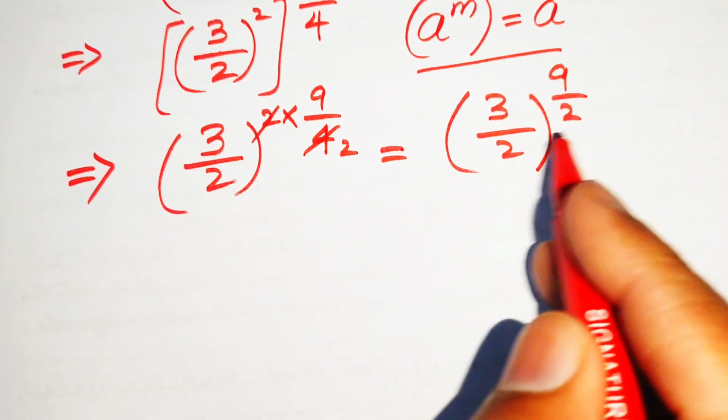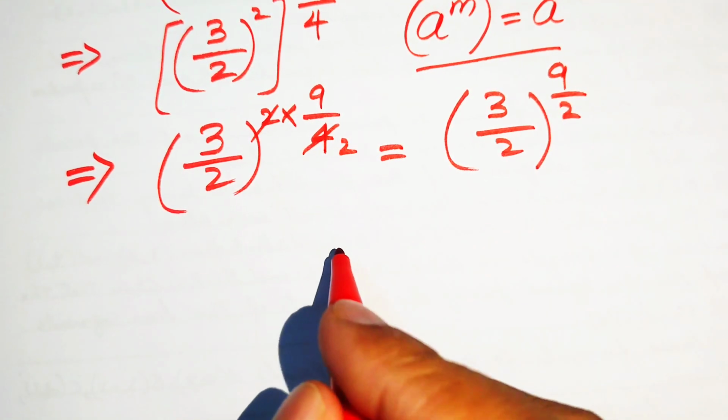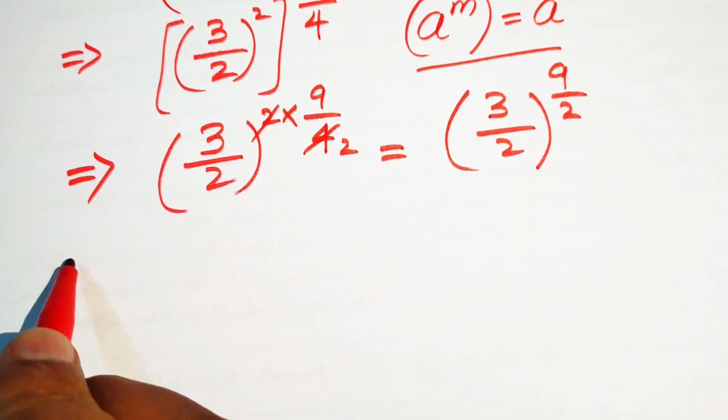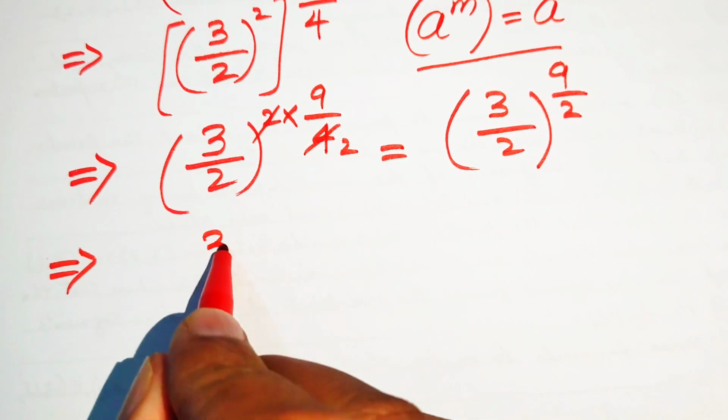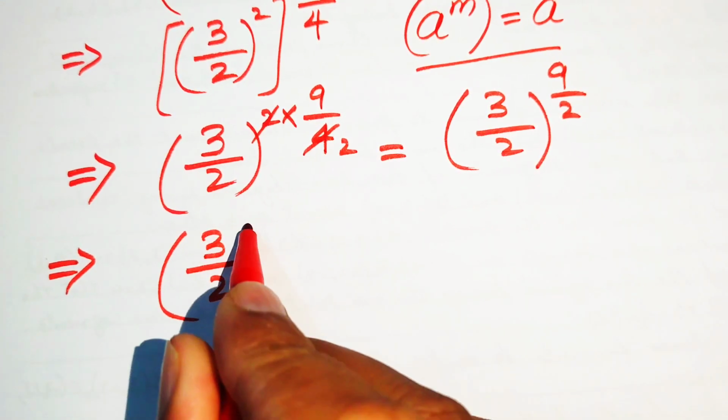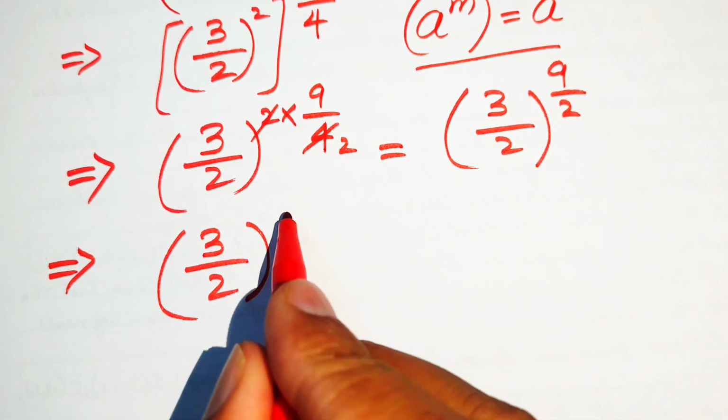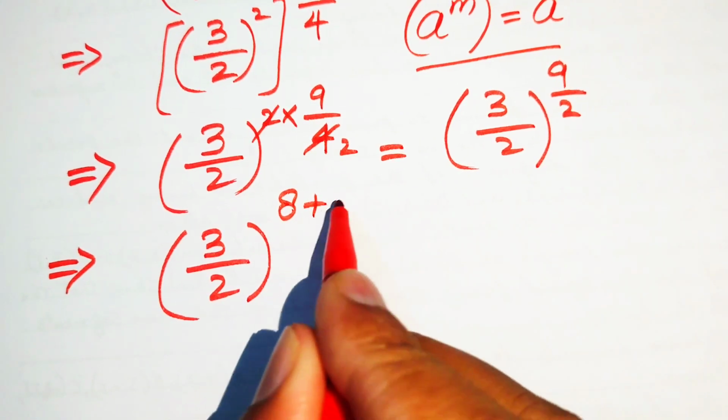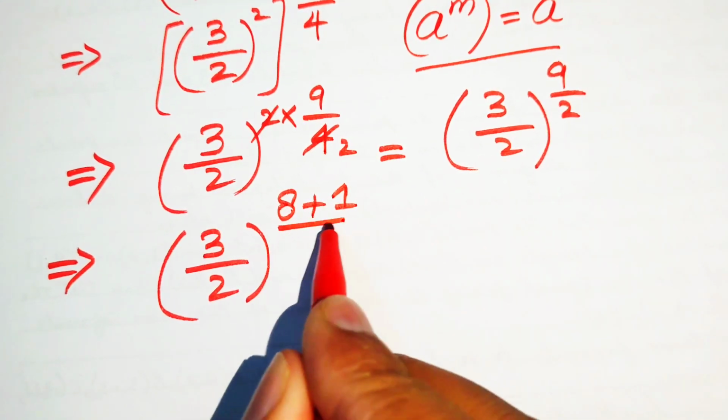Now focus on this exponent 9 over 2. We write this expression as 3 over 2, and we write 9 as 8 plus 1 divided by 2.